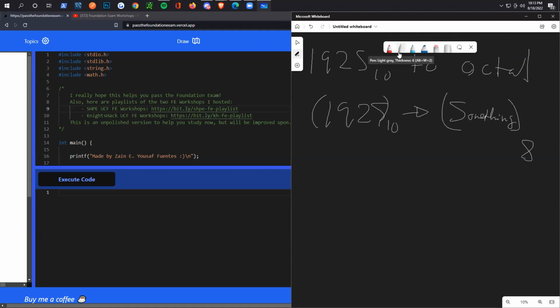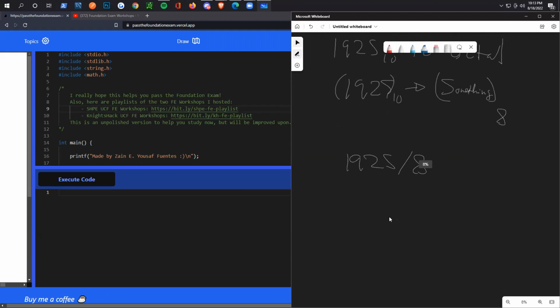So what we're going to end up doing is you just have to divide the number by 8, and if there's a remainder, just store the remainder, and that'll end up giving you the value. So whenever you go from base 10 to another base, you just divide by whatever that base is you're going to go to. So we can start off with 1925. We can divide by 8.